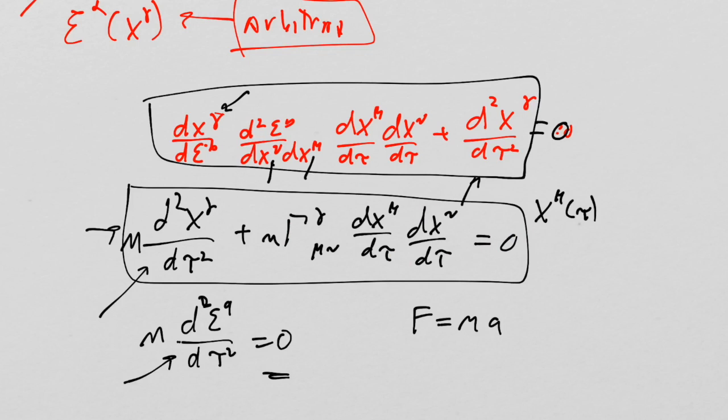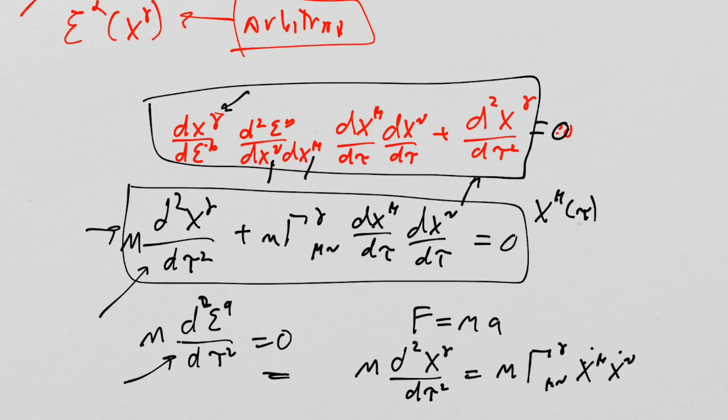So this is mass times acceleration, and then if I move this to the other side, I get mass times acceleration in these odd coordinates equals mass times gamma mu nu, and then what I'll do is I'll call this x mu dot x nu dot, right?